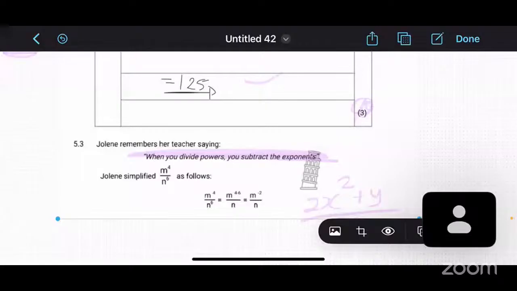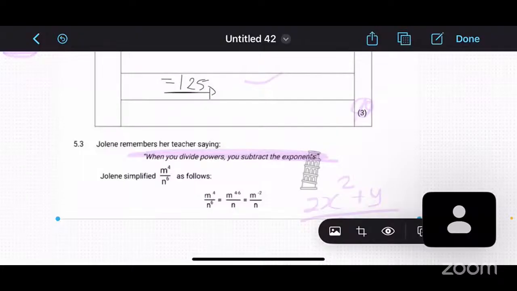Okay, cool. So basically, Manahil, you remember exactly what I said. When you divide the same bases, we subtract the exponent. When you divide powers, you subtract the exponent. So you see, this statement over here is not true, no? She doesn't remember well, Jolene.